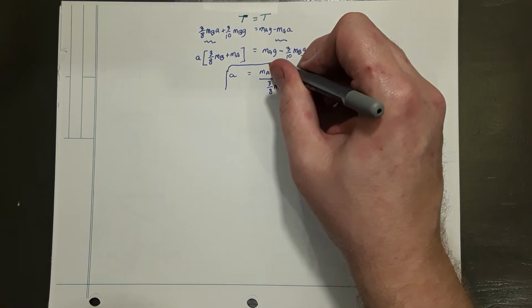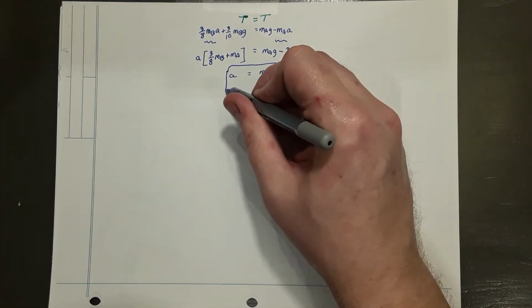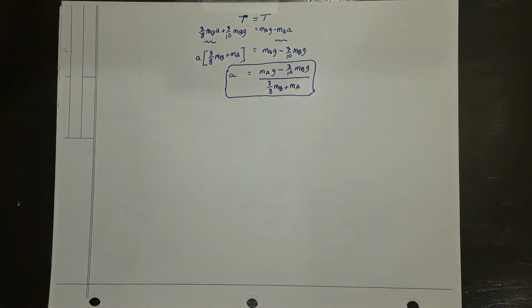Normally, whenever you do Newton's second law, you end up with an equation that talks about net force over net mass.